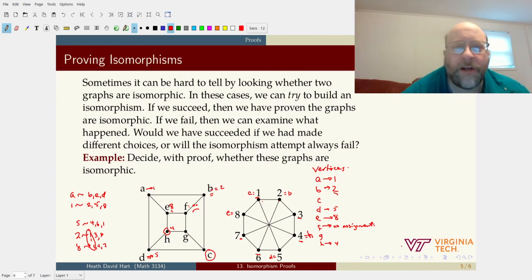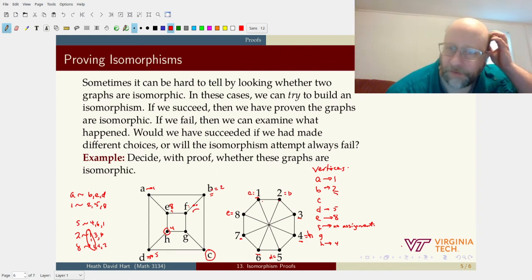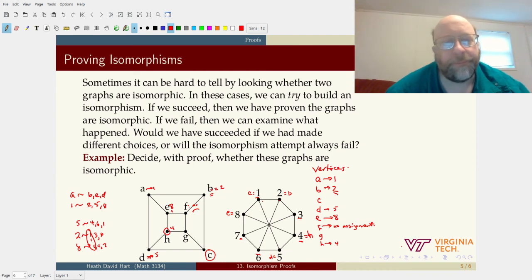So we tried to make an isomorphism. We failed. And something about building this point F was a problem. So let's see if we can figure out what happened here.